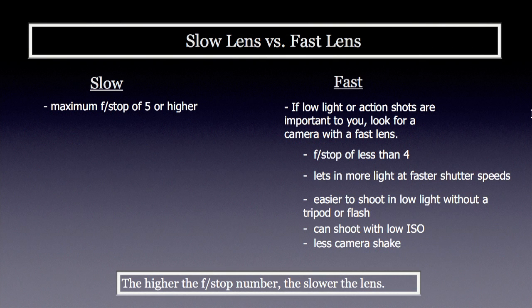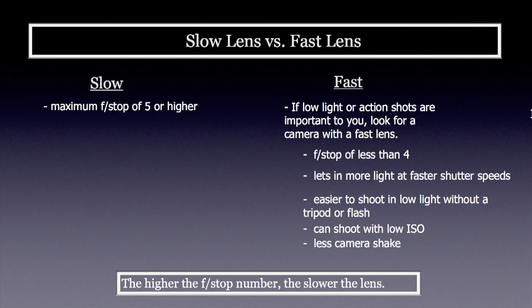So let's talk a little bit about slow lenses versus fast lenses. A slow lens has a maximum f-stop of 5 or higher, and these lenses are less expensive. Many times you're going to see them at an f-stop of about 8.